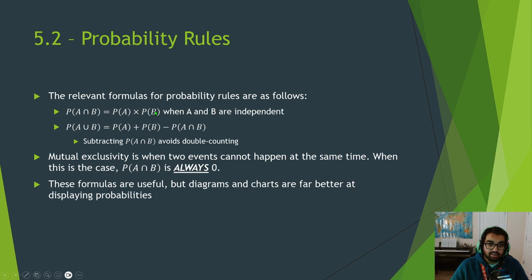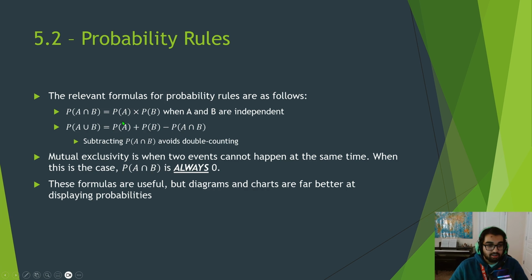If they're not, that's going to make this calculation unreliable because these events affect each other. So one happening is going to change the probability of the next one happening, which is going to mess up this calculation.